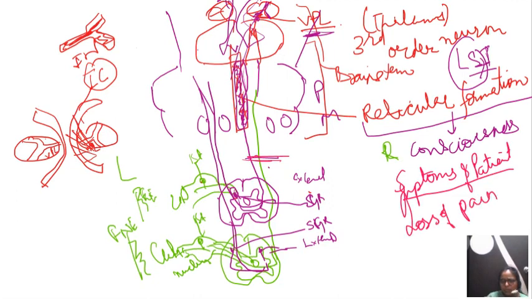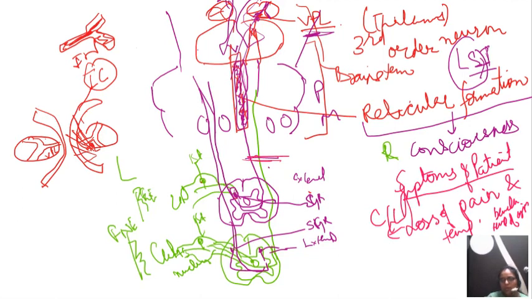What is the function of the lateral spinothalamic tract? Pain and temperature. So if the lesion occurs, there will be loss of pain and temperature below the level of lesion. Fine. And on the contralateral side.